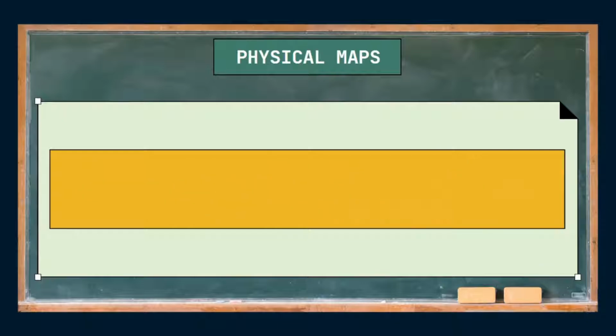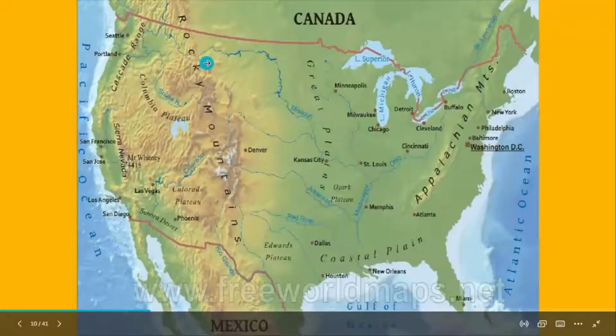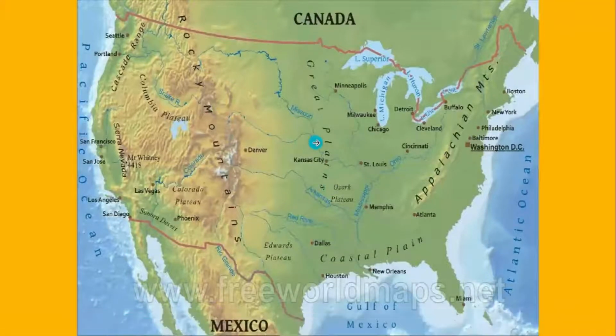So for example, we have a map here of Canada, and as we can see, it has different physical features. We see a river here, a mountain here, and a mountain range here.